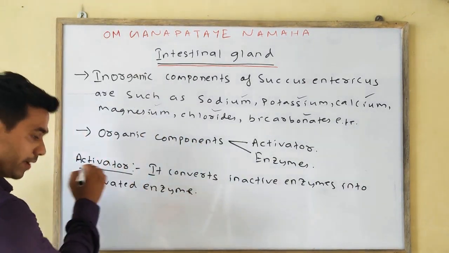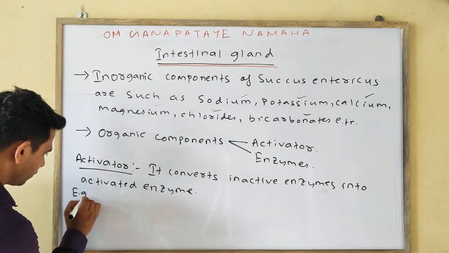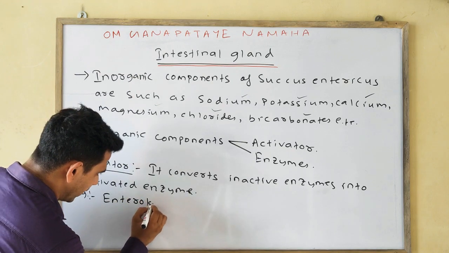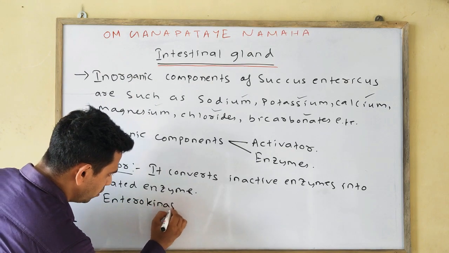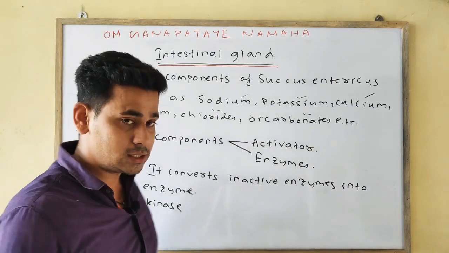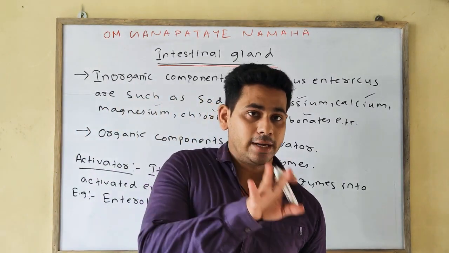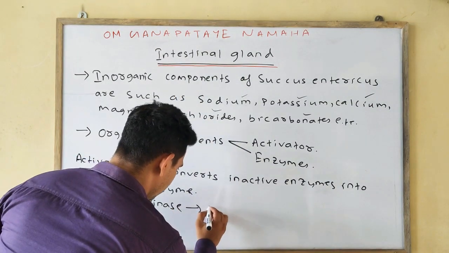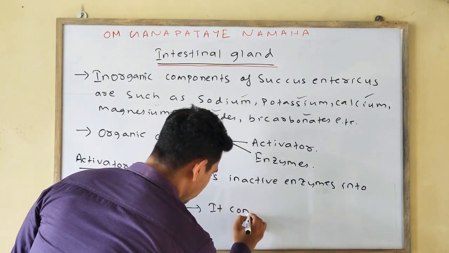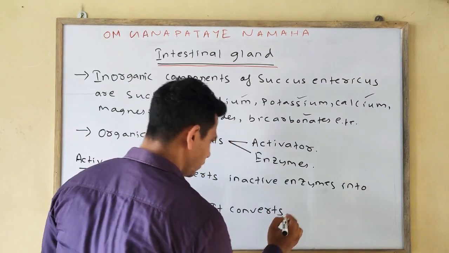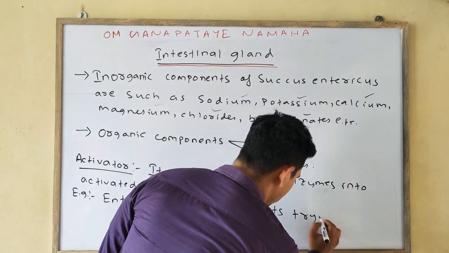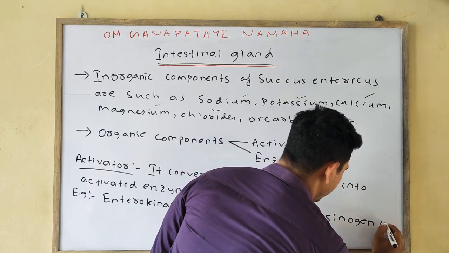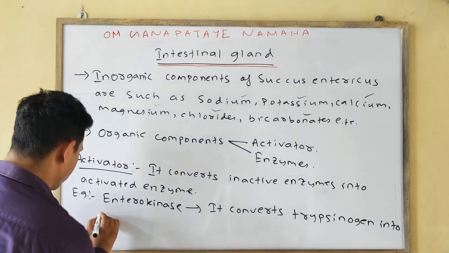The common example of activator is enterokinase. What it does is convert the inactivated trypsinogen into activated trypsin.